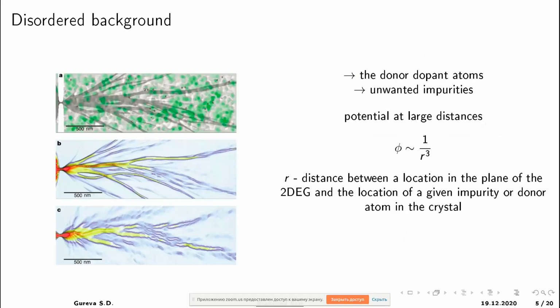potential, and in this work, the researchers explained the presence of such potential by the donor dopant atoms and unwanted impurities in the sample.